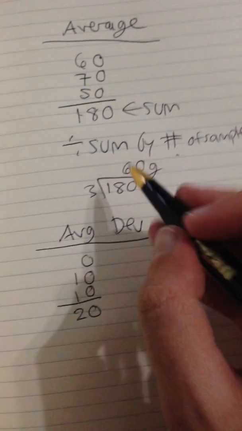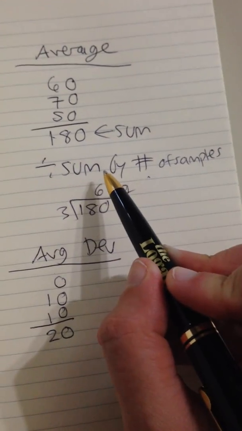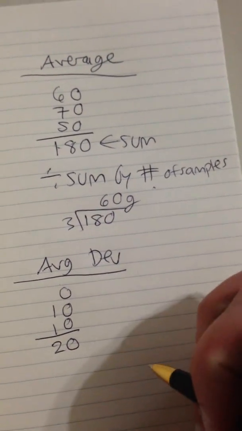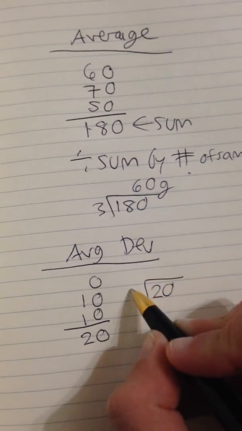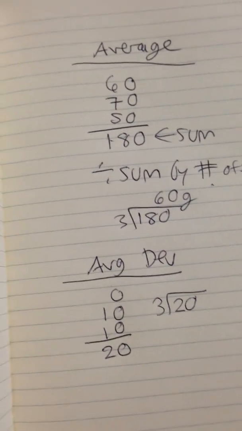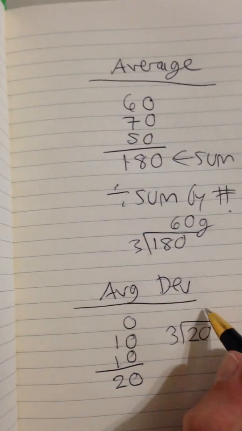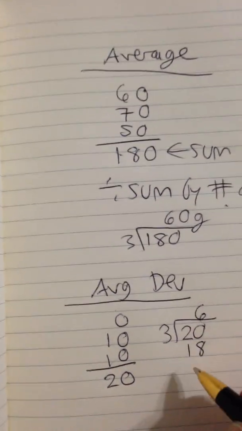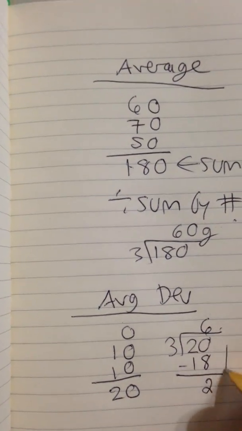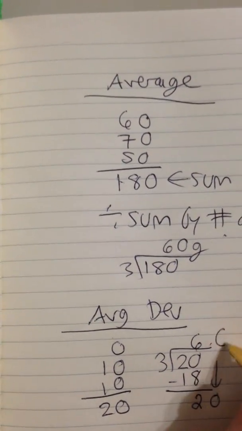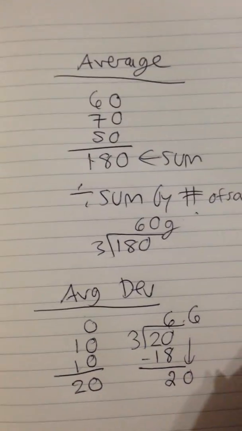And we're going to divide, just like before, divide our sum by the number of samples. So 20 divided by 3. We can do this out on paper, or you're welcome to use a calculator. We're going to get 6.6 repeating.